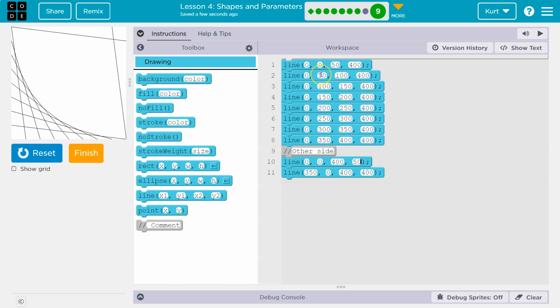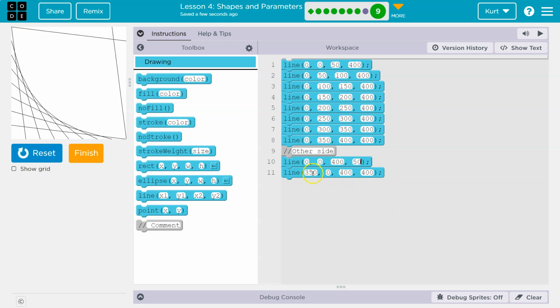Then what do they do? 0, 50. Okay, but again, we need to flip the points because we're not going Y to X right here. We're reversing it. We're going X to Y right now.